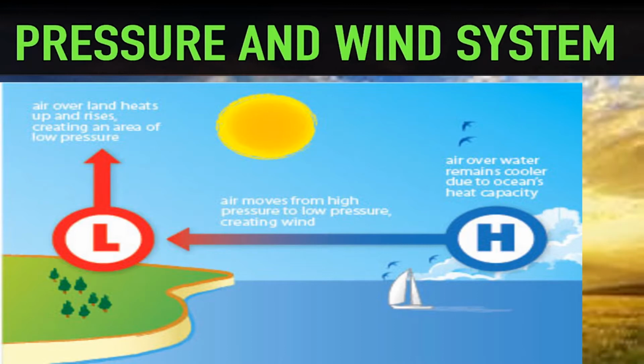So from here we can conclude that the movement of the wind is always from the high pressure to the low pressure. Second thing, when the wind moves, due to the rotation and revolution of the earth, some parts of the wind are forced to take a right turn because of this movement.